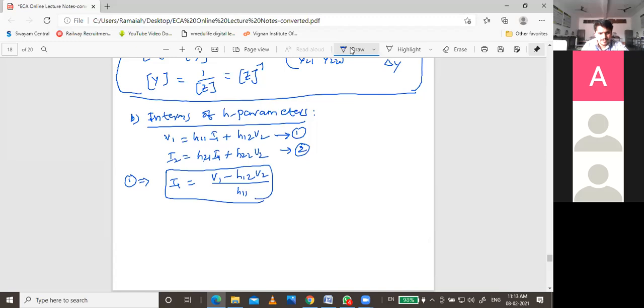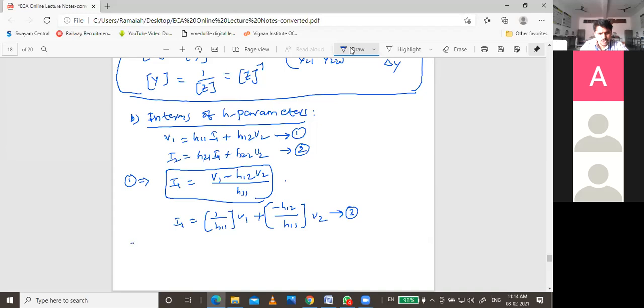Now I1 equal to V1 by H11, that is 1 by H11 into V1, plus minus H12 by H11 into V2. This is equation 3, in the form of equation A: I1 equal to Y11 V1 plus Y12 V2. So this is the Y11 value and Y12 value.